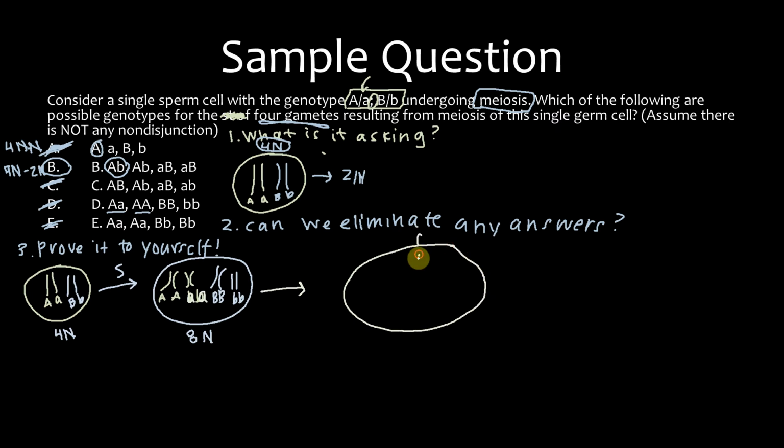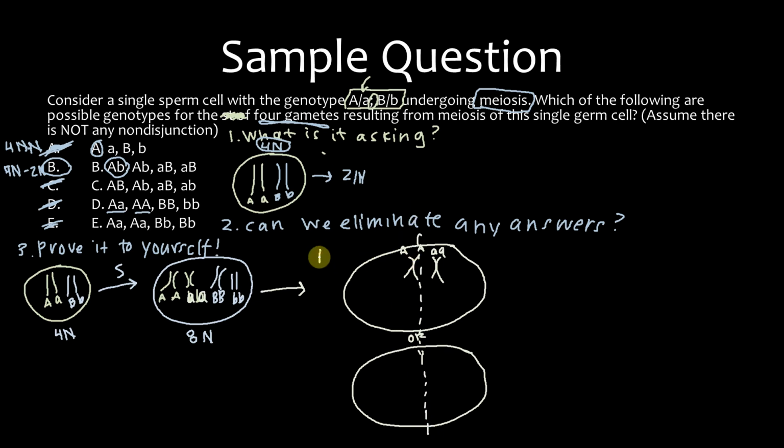How do you think that these bad boys are going to line up on the metaphase plate? Well, we already know from our knowledge of meiosis that they are going to line up either like this, big A, little a, or like this.